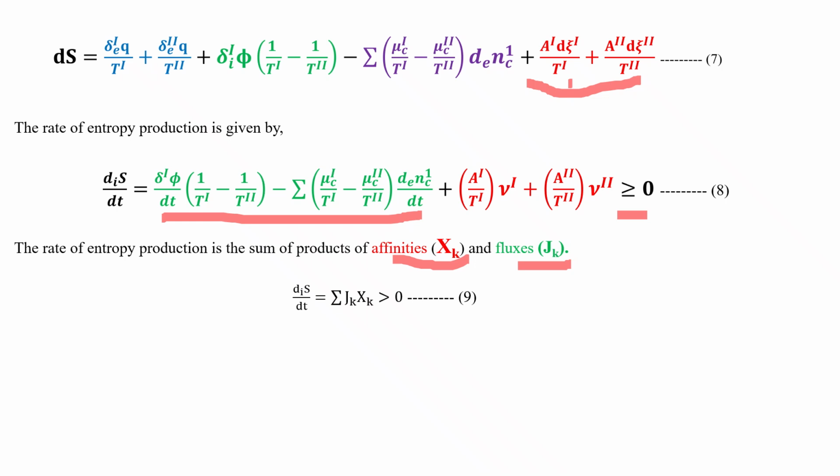It should be positive for any type of spontaneous process, so it is written as greater than or equal to 0. So the affinity is generally represented as X, and the flux will be generally represented as J. So the above equation can be written in the general form, that is the summation of J into X, which should always be greater than 0.